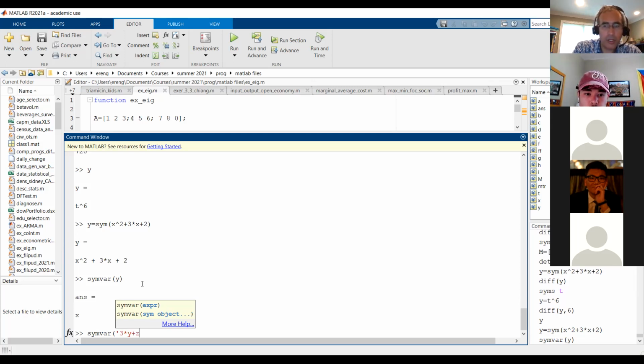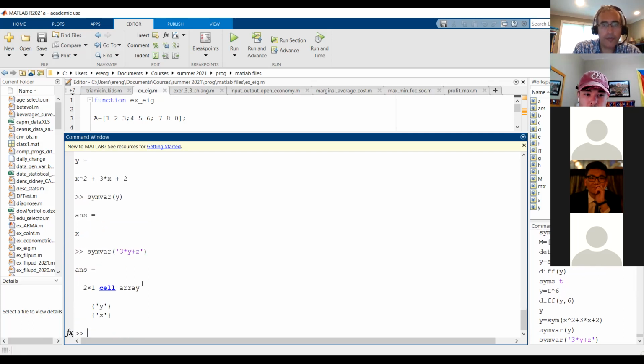Here we have 2 symbolic variables, we have y, and then we have c. Make sense, guys?